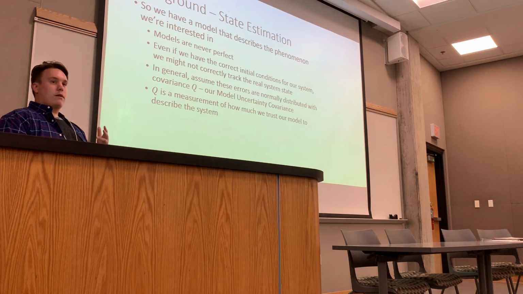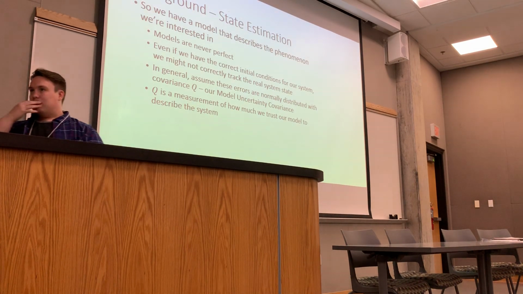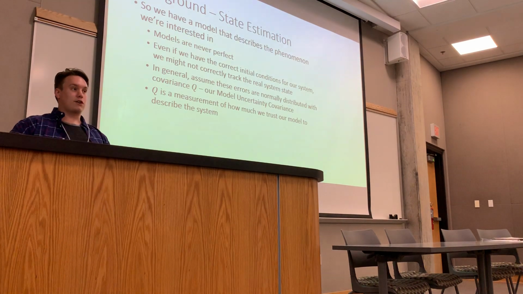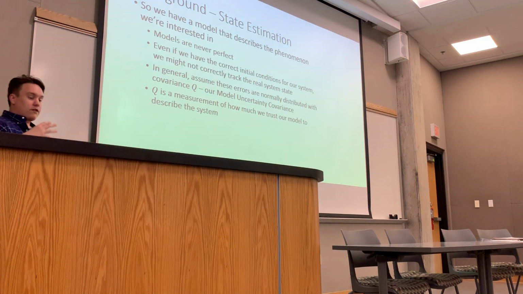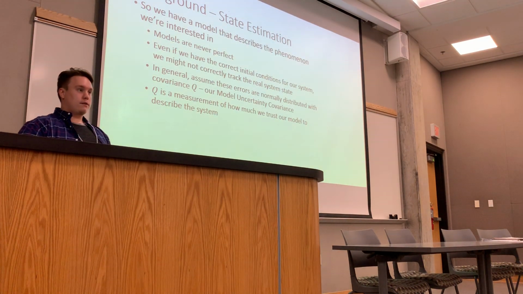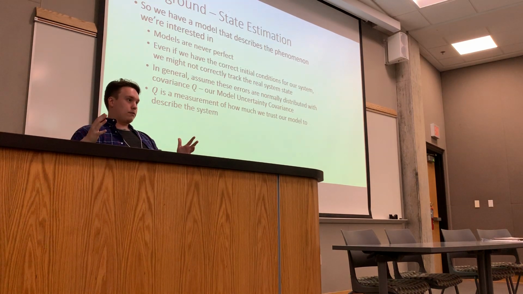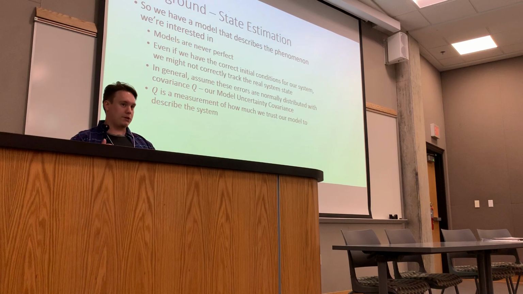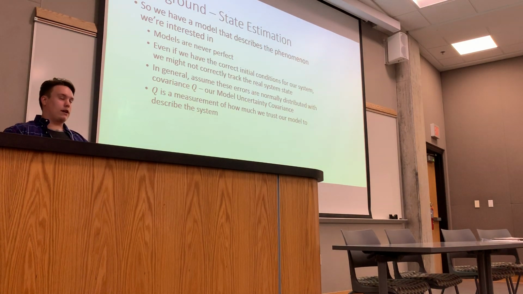So there's a lot of variables that are affecting our system that our model does not describe. So even if we have the correct starting point for all of our calculations, we can never really guarantee that we're going to actually end up following a real heart cell.